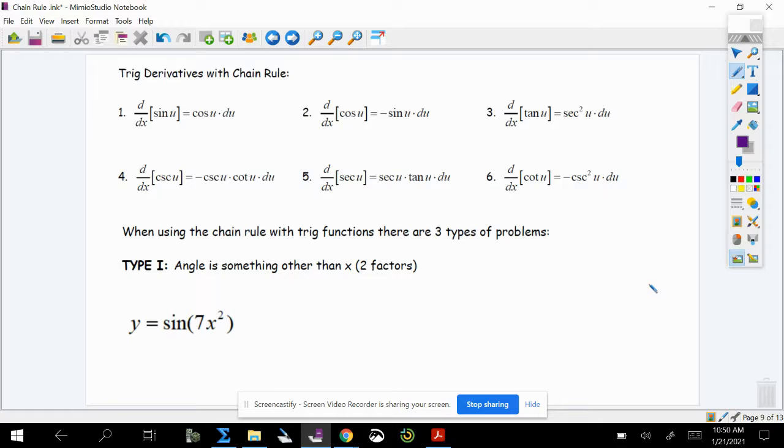But what I want you to notice is now we're looking at what happens when it's a sine of some random angle. So we're using the letter u to represent a function of x. So now we're not talking about the derivative of the sine of x. It could be the sine of 3x or the sine of 10x squared or the sine of 2x plus 5. So we're really changing that angle, and that becomes a composite function and relies on the chain rule.